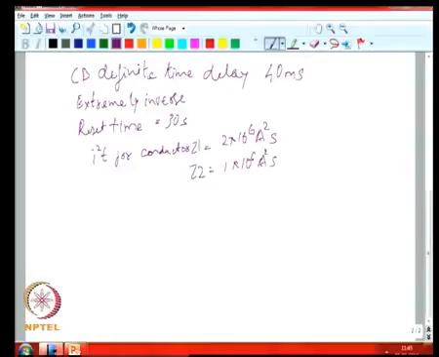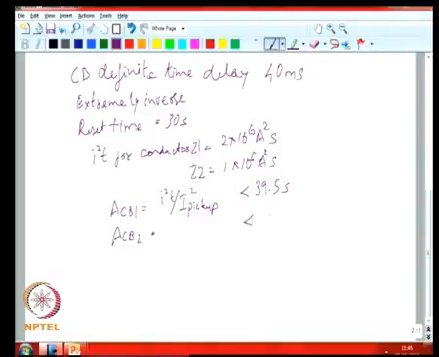Then you could calculate the A requirement of CB1, which, based on our previous discussion, relates to I square t divided by I pickup square. In this case you needed an A less than 39.5 seconds for CB1, and for CB2 we identified it should be less than 44.4 seconds.